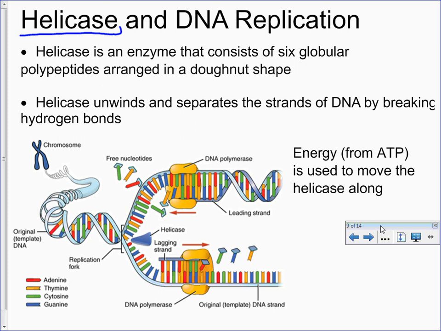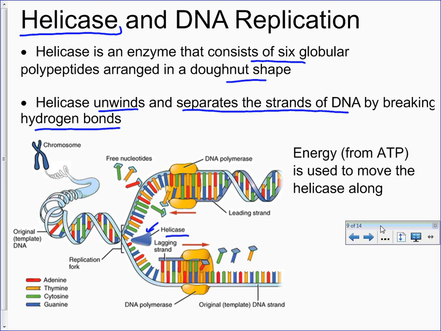Helicase is an enzyme that consists of 6 globular polypeptides arranged in a donut shape. In this diagram here, helicase is represented by this wedge shape. The function of helicase is that it will unwind the DNA molecule and separate the strands of DNA by breaking the hydrogen bonds that hold those 2 strands together.